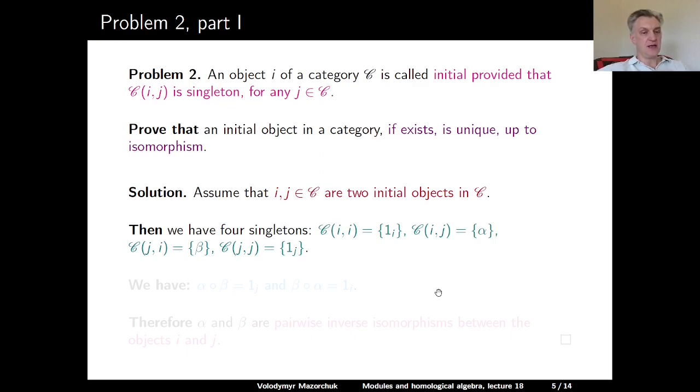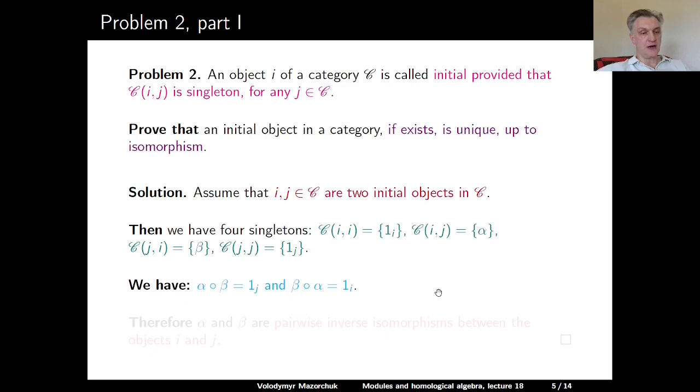The set C(j, I) is a singleton because j is initial, and we assume that the set consists of some element which we call beta. And then we have the set C(j, j). It is a singleton because j is initial, and so it consists of the identity on j.